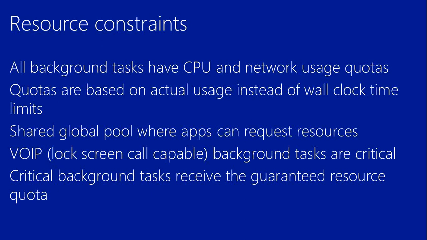For example, if your application is running in the background and wants to get some data from the internet, let's say it's downloading some data from bing.com, most of the time it will be waiting for a response from bing.com. So it's not fair to charge your application when it's doing nothing but just waiting. A fairer calculation can be done on the actual usage of CPU. That's why the resource quotas are based on actual usage instead of wall clock time limits.